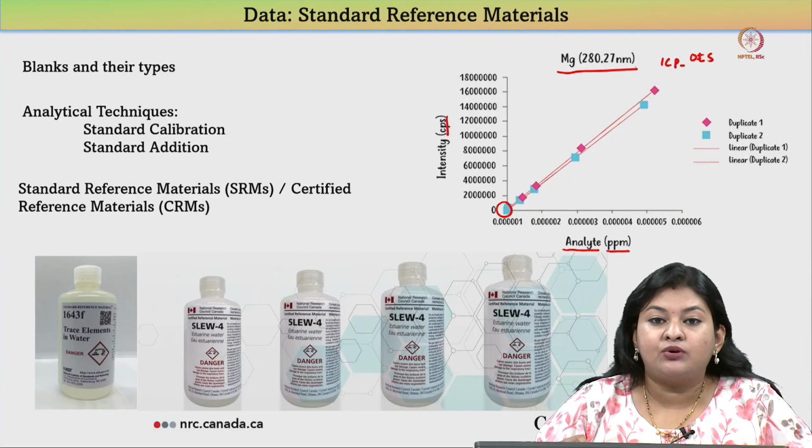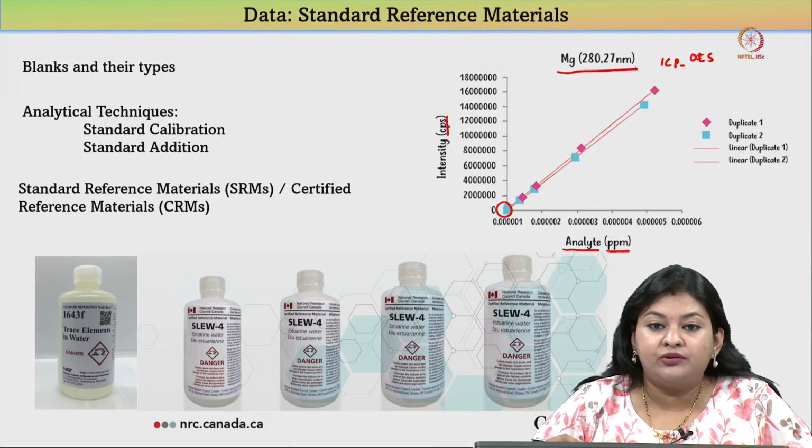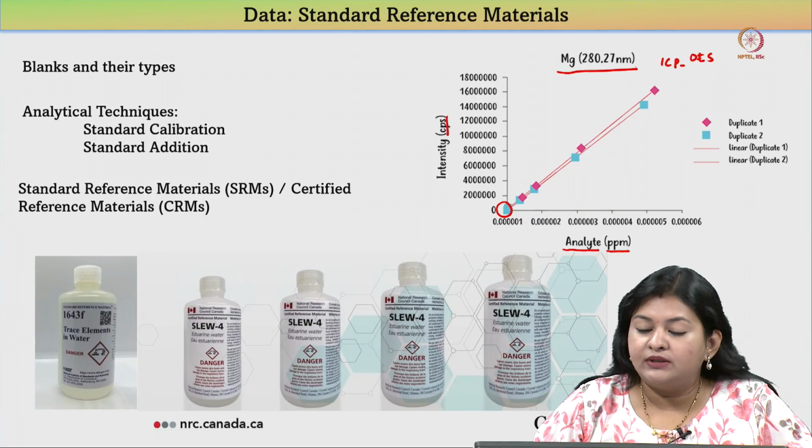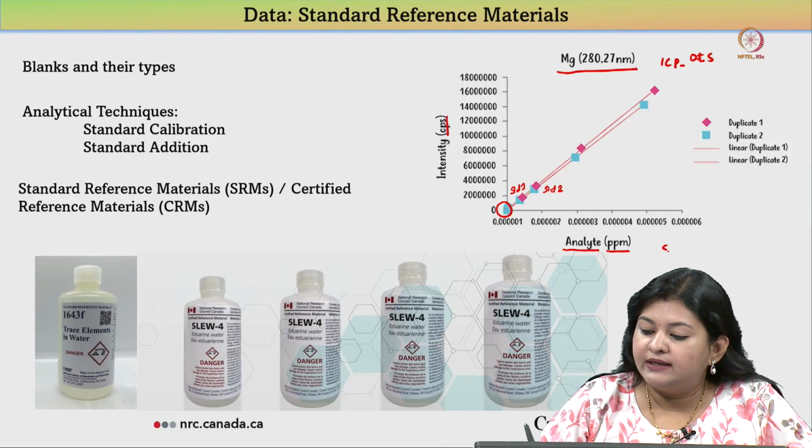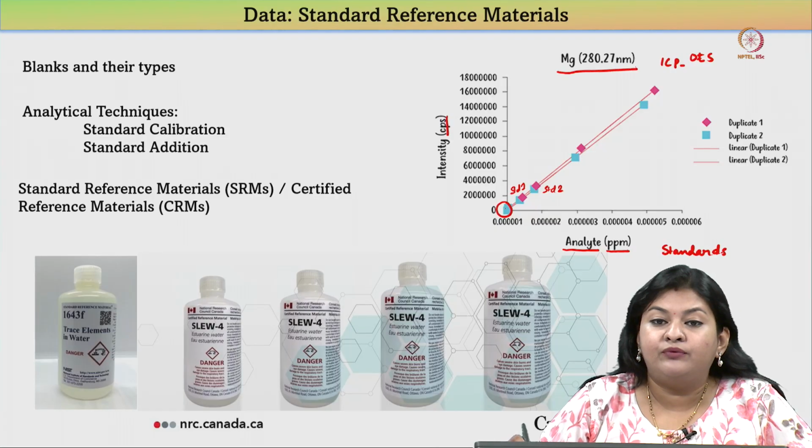Yesterday I was talking about field blank, procedural blank, reagent blank. So, that is a blank, then that is my standard 1, and this is my standard 2. So, what is a standard? Standards are things that we prepare from known samples.